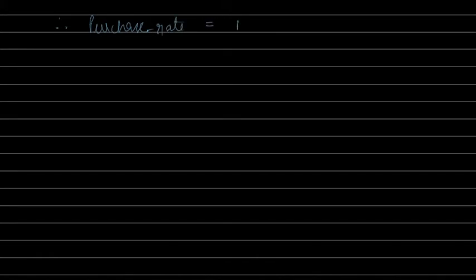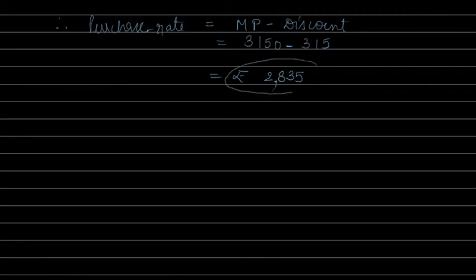Purchase rate will be the marked price minus discount. How much was the marked price? Marked price was 3150. The discount we have just calculated is 315. So let's subtract it. 10 minus 5 will be 5. This will be 3. 11 minus 3, 8 and 2. Therefore, it means 2,835. This will be the purchase rate.